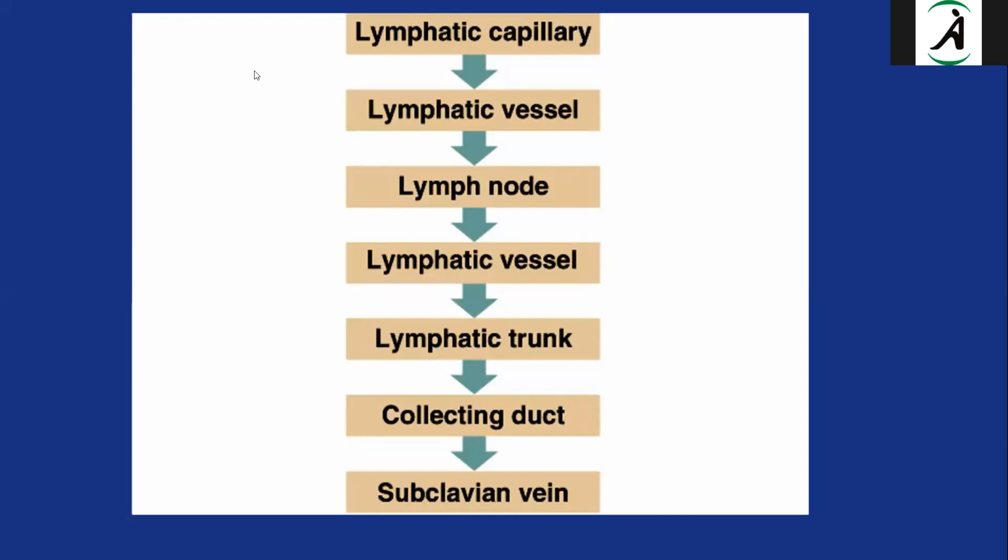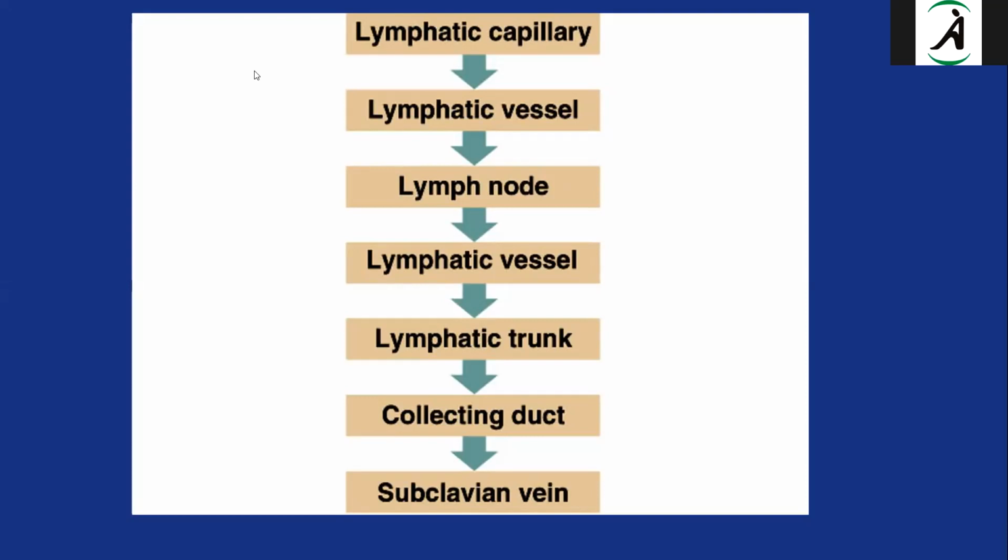The lymphocytes are concentrated usually within the lymph nodes, the spleen and lymphoid tissues like the tonsils. The immune response against foreign pathogens usually happens in the lymph nodes, spleen and tonsils. These are the major lymphoid organs.